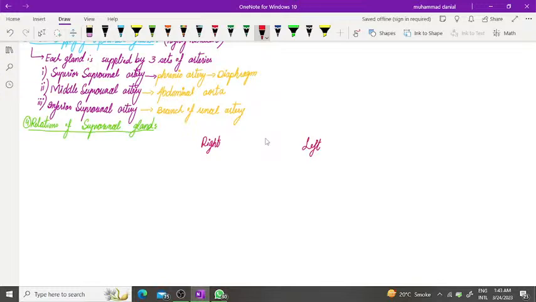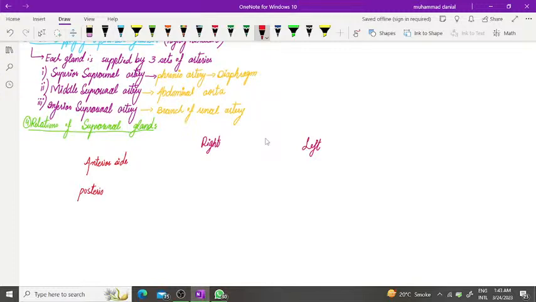Okay, the first side is the anterior side. Now then the posterior side.